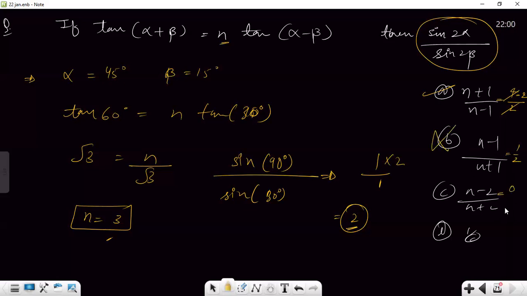Option C: 3 minus 2 upon 3 plus 2 is 1 by 5, which is also not matching. Option D is the inverse of option C, which is 5, also not matching. So the correct option is A. This is a previous year question. Is the question clear?